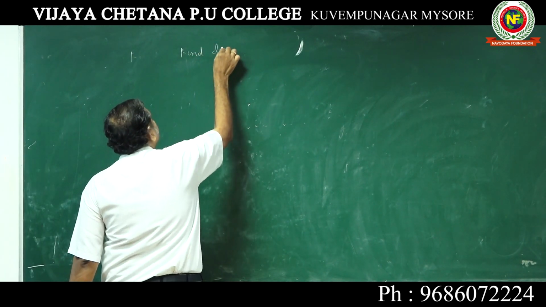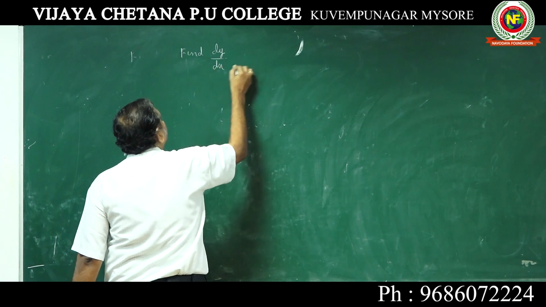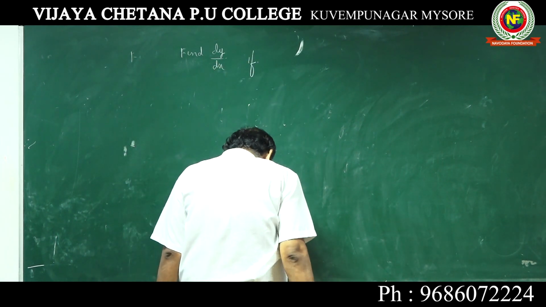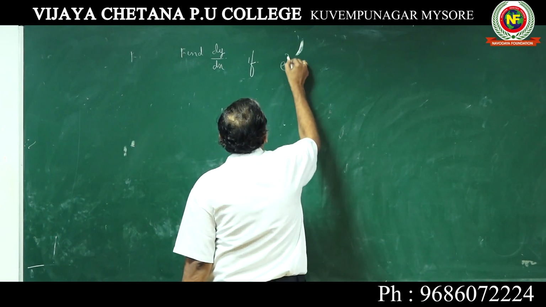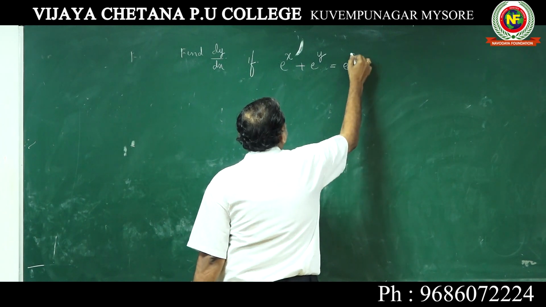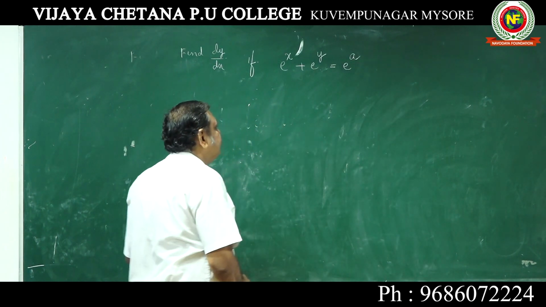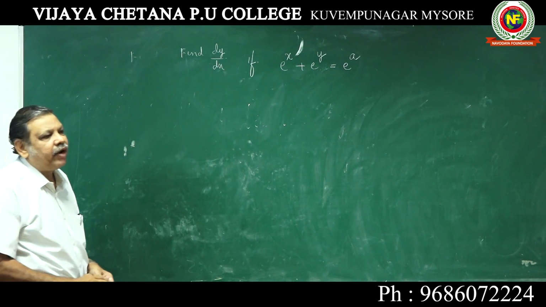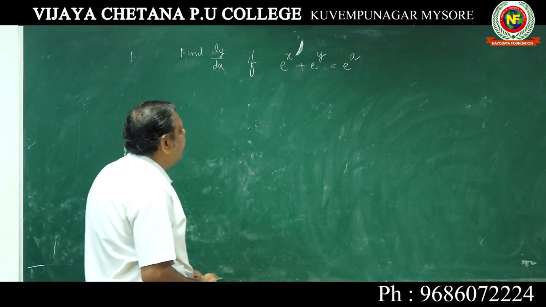Find dy by dx if e to the power of x plus e to the power of y is equal to e to the power of a. Suppose if they give like this, e to the power of x plus e to the power of y is equal to e to the power of a.